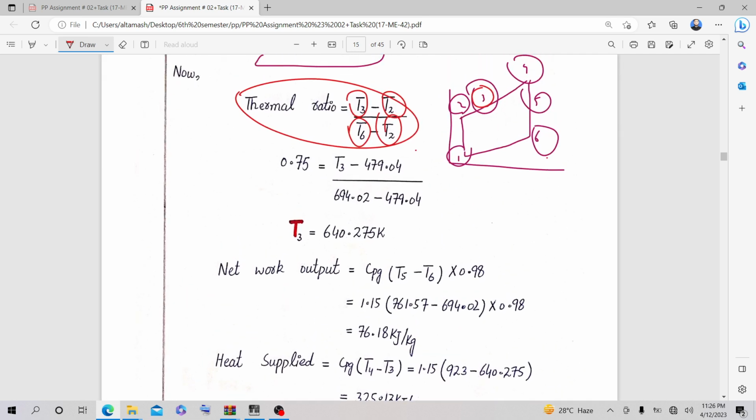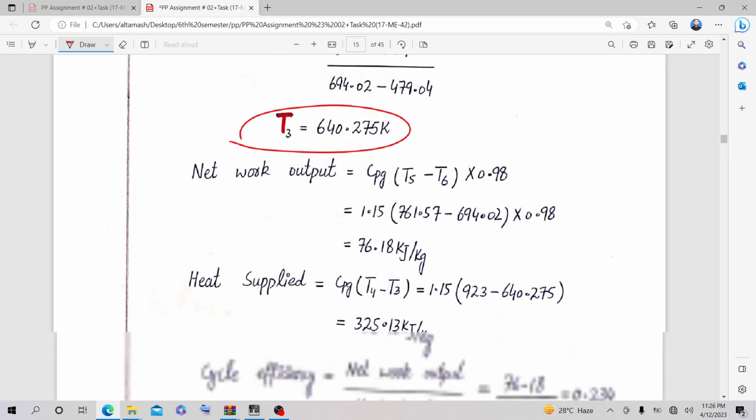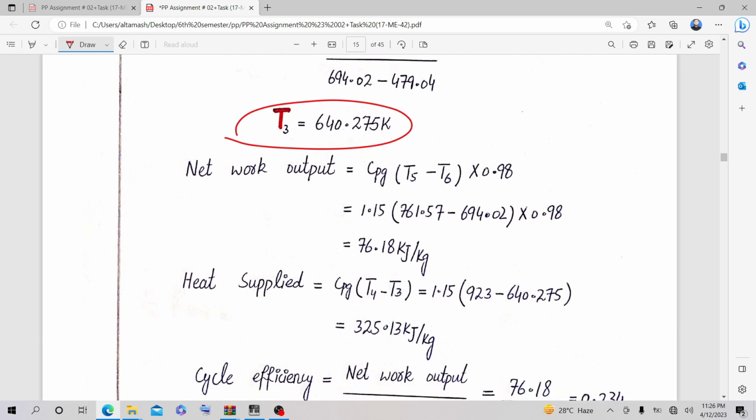Thermal ratio is equal to T3 minus T2 divided by T6 minus T2. We will plug in all the values and we will get the value of T3. Now net work output is equal to 76.18 kilojoule per kg, and heat supplied is equal to 325.13 kilojoule per kg.